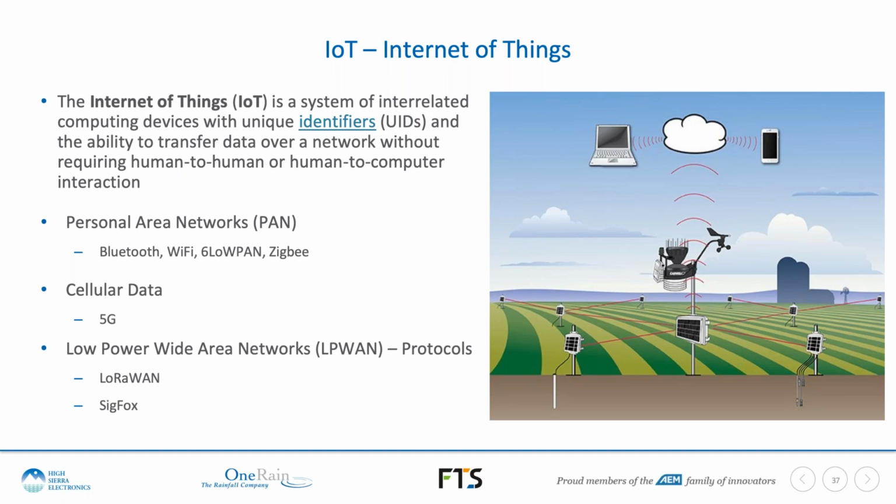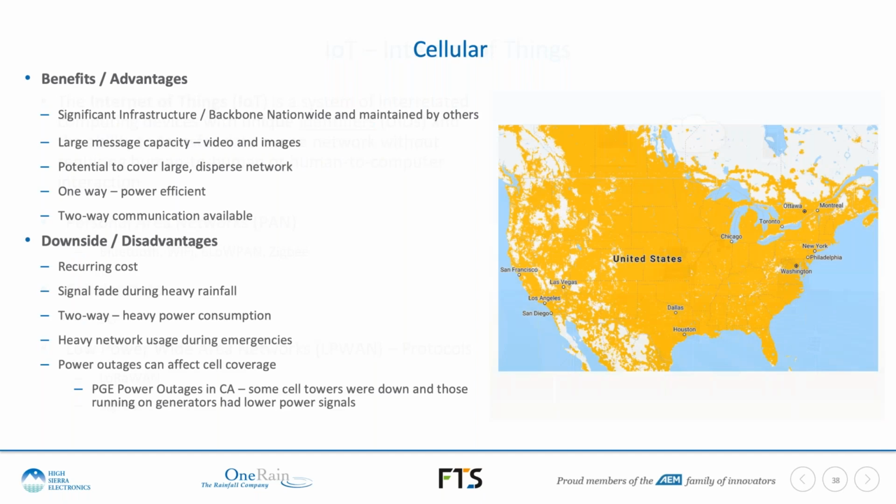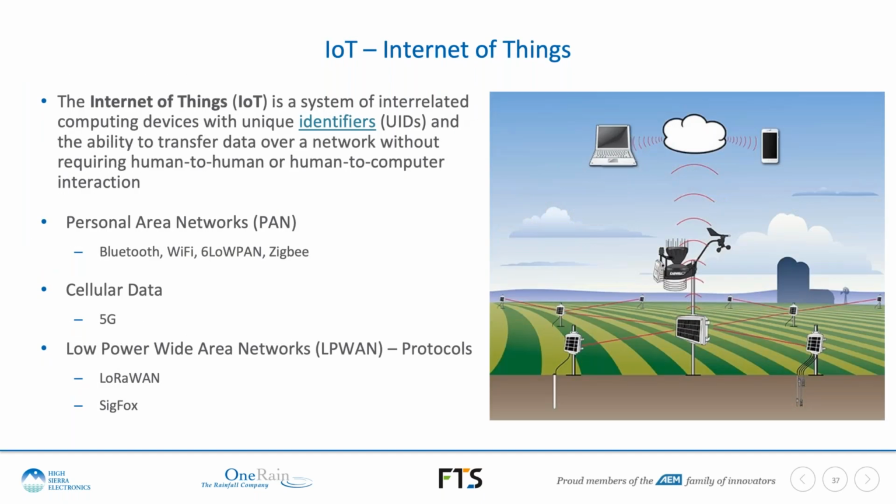We're going to look at mainly one of the LPWAN technologies, LoRaWAN, and we see on the right here a typical network where you've got nodes transmitting to a gateway that's transmitting up to the cloud, and that's not untypical for an IoT type network.